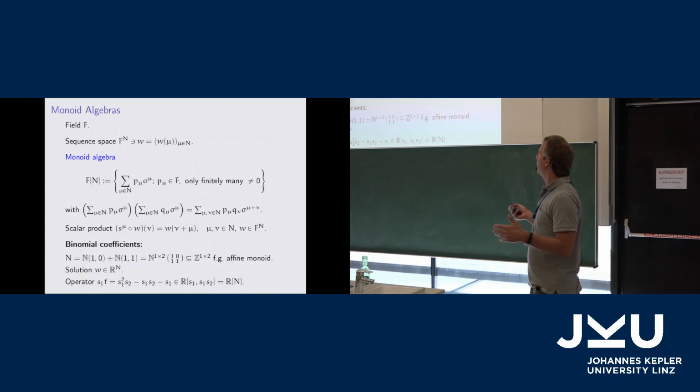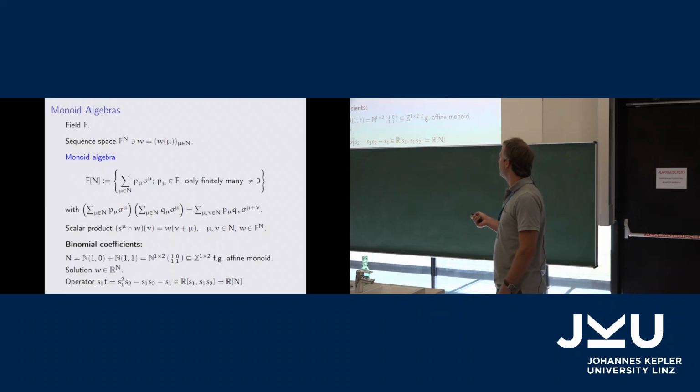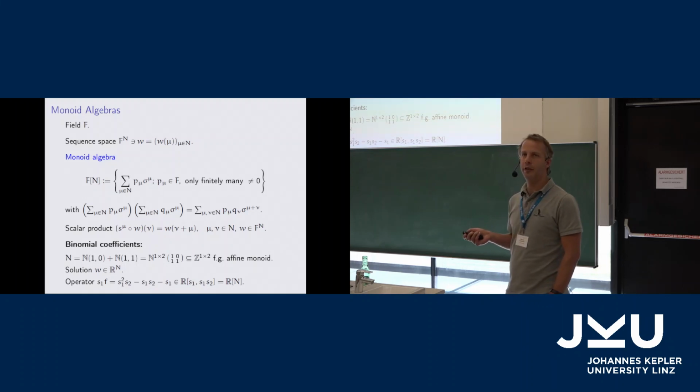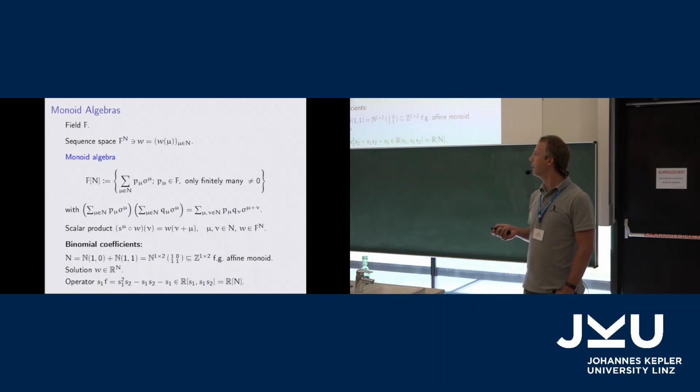And this makes the sequence space a module over the monoid algebra. In the case of the binomial coefficients, the wedge is given by the two generators (1,0) and (1,1), and the solution is defined over the wedge, and the operator is also an element in the monoid algebra once we multiply it with S1. That's a technicality here, but it doesn't change anything.